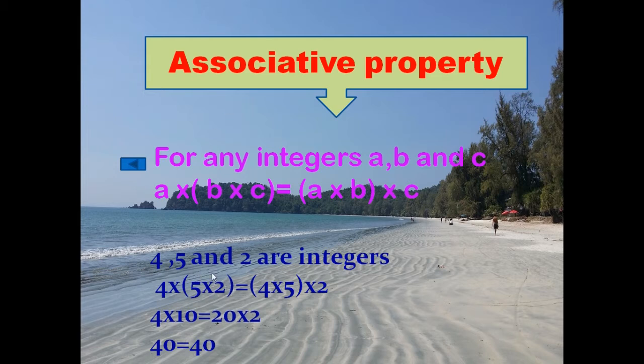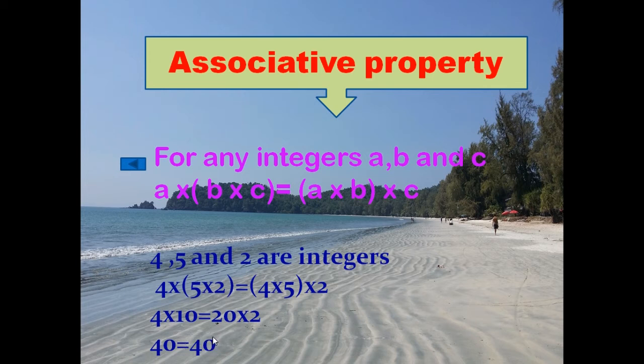On the right, write it the same way, 4 into the bracket 5 into 2. 4 you write down as it is. What do we have in the brackets? 5 into 2, 5 2s are 10. On the left, 4 5s are 20, into 2 written as it is. Now multiply: left side 20 into 2 is 40, and right side 4 10s are 40.